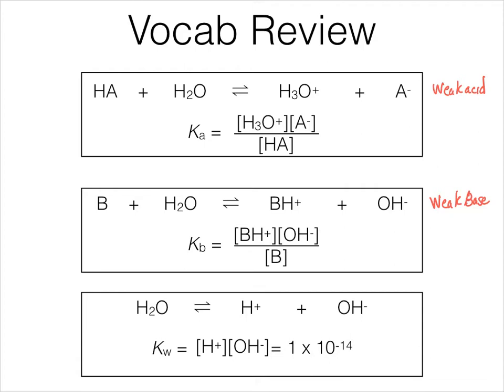And then this is how water, and remember that water is a liquid and it's dissociating into aqueous species, forms an equilibrium reaction that is defined by Kw. We are going to use these three relationships to understand conjugate acid and base pairs.